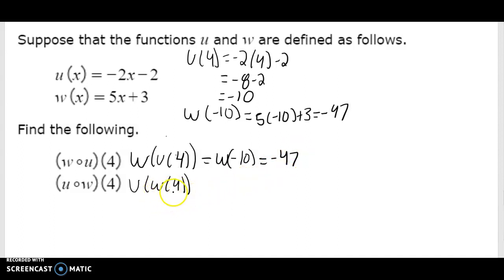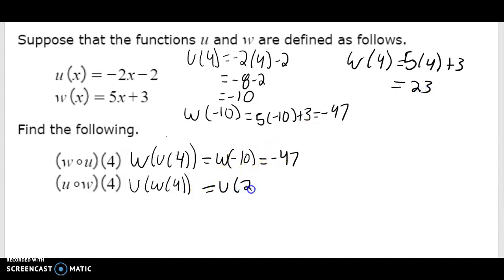So first thing I need to do for this one is find my W of 4. So everywhere I see an x in the W function, I'm going to put in a 4. Guys, I'm still learning how to write with this. If you can't tell, I'll get better. That would get me a 23. So this is really asking for U of 23.